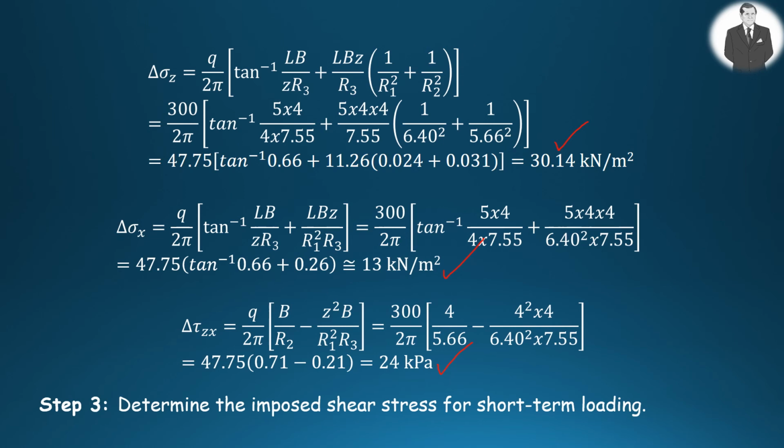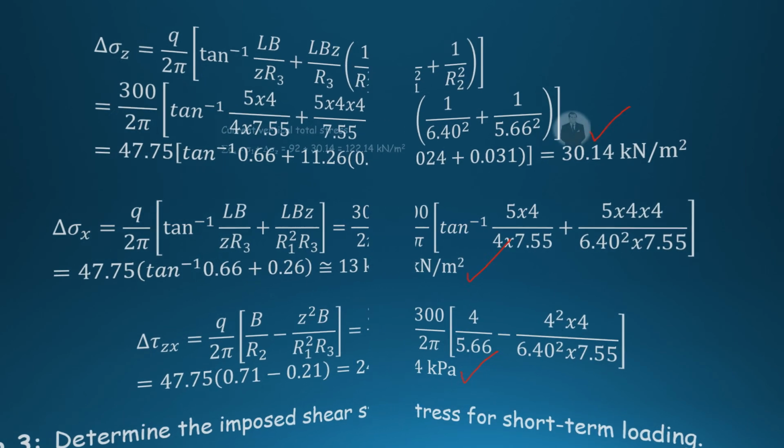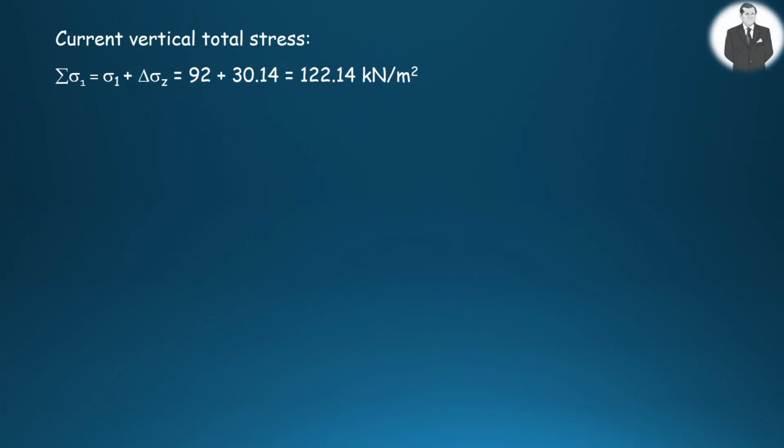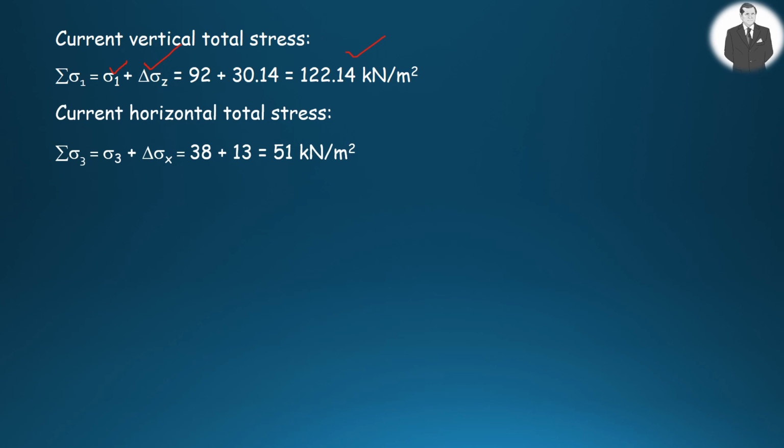In the third step, the imposed shear stress for short-term loading is computed. Current vertical total stress is equal to major principal stress plus the vertical stress increase. Similarly, the current horizontal total stress is equal to minor principal stress plus the horizontal stress increase.